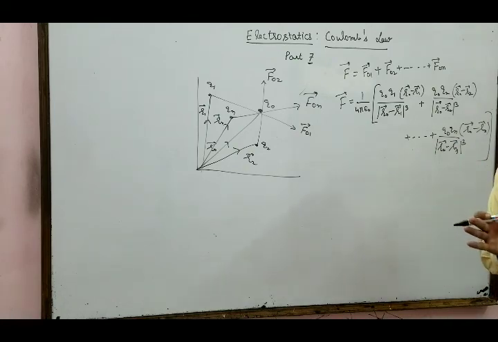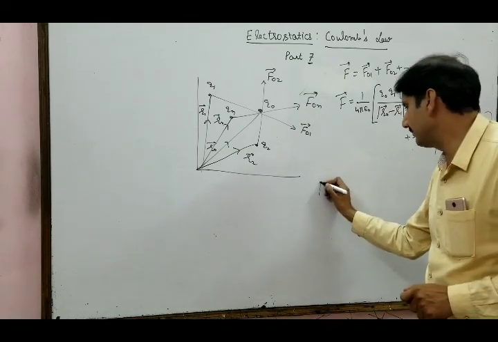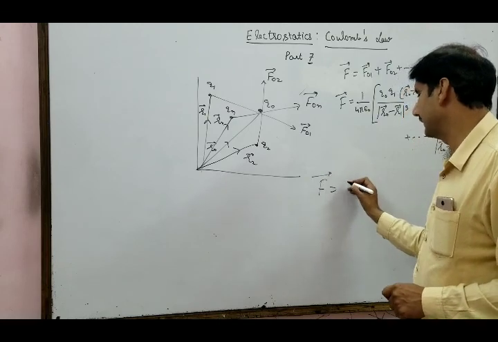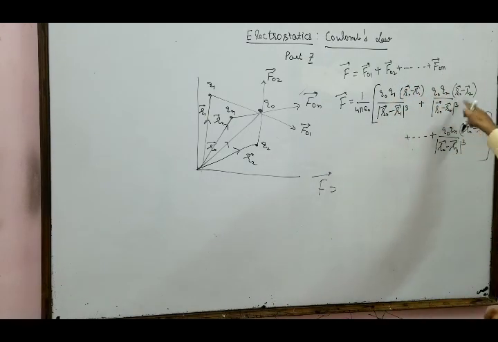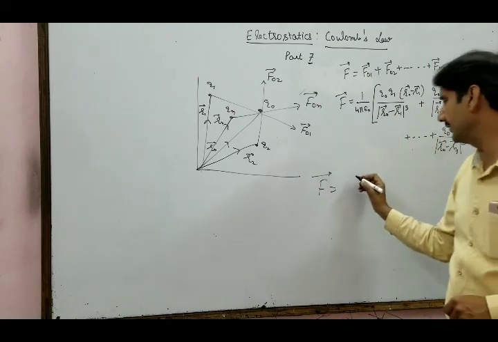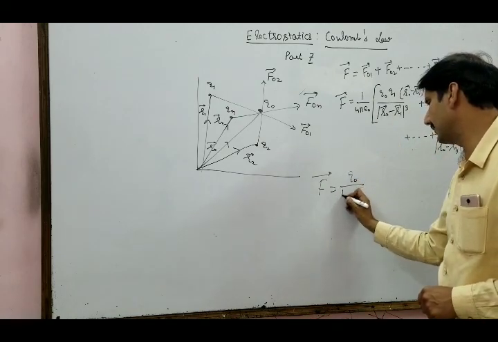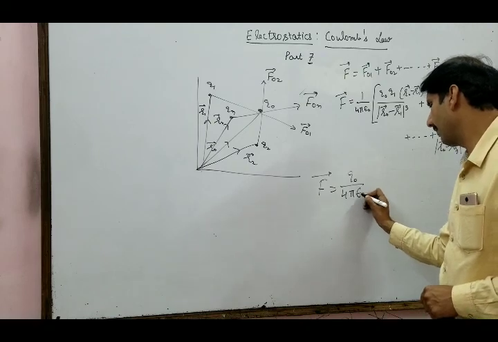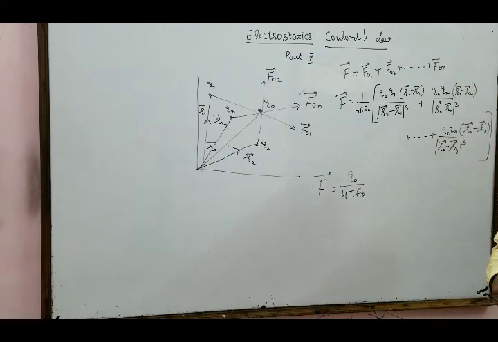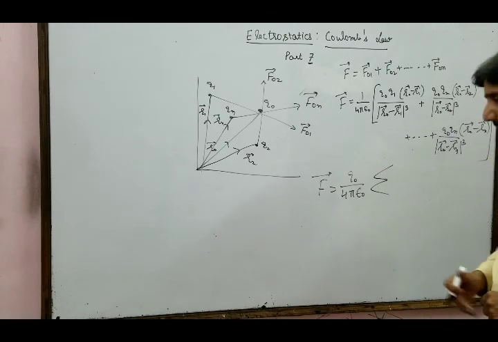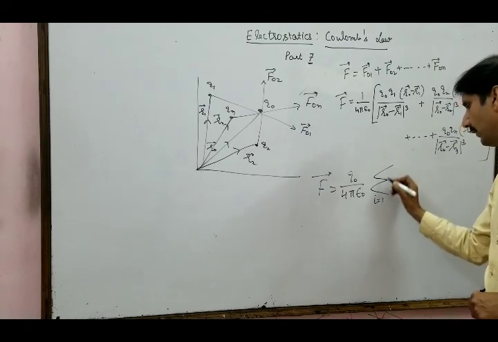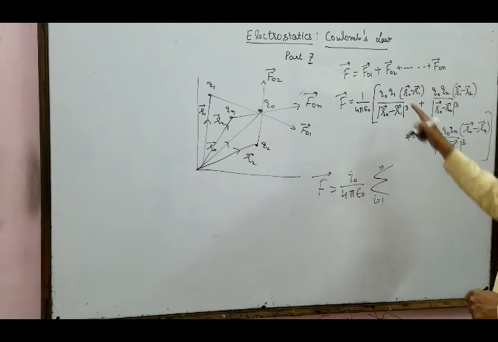This is the final expression, and you can write it down in a really compact manner using the sigma sign. You can see Q naught is also common in every term, so I am taking Q naught also common out here. Q naught over 4 pi epsilon naught, and I write down sigma, that is summation, i varies from 1 to n. What do we have?